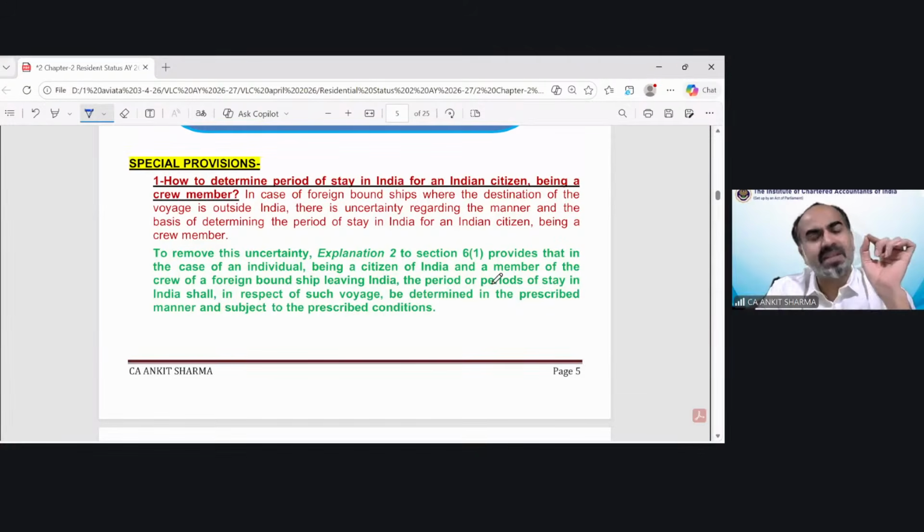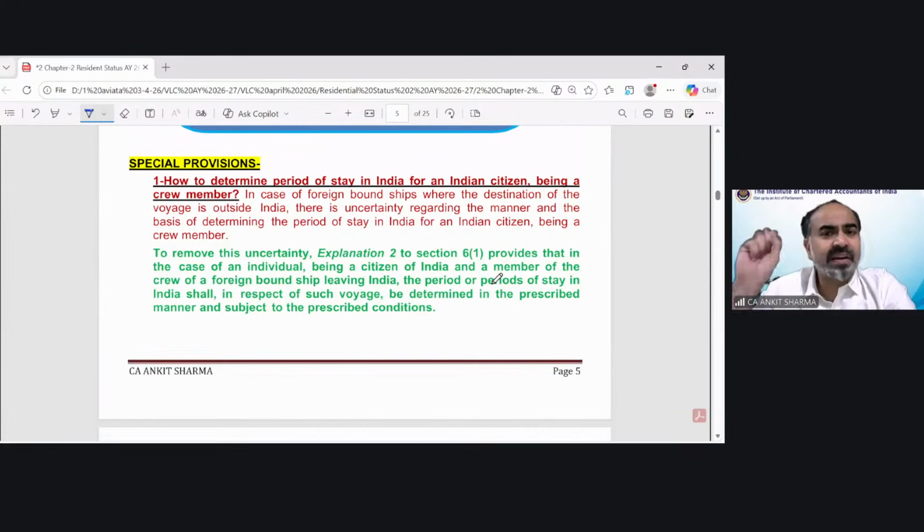As we have discussed, in the normal case, the day of departure and the day of arrival into India will be treated as days of stay inside India. We have gone through that provision in the normal case. But in case of crew members of an Indian ship, the provision is slightly changed, very simply changed.